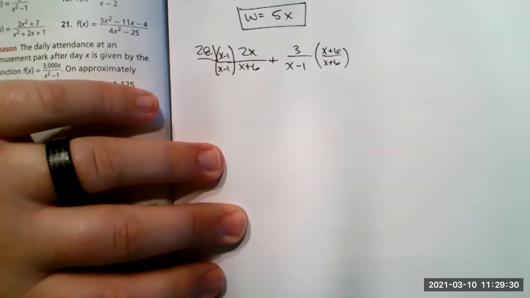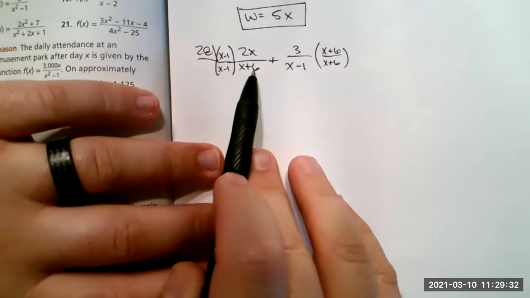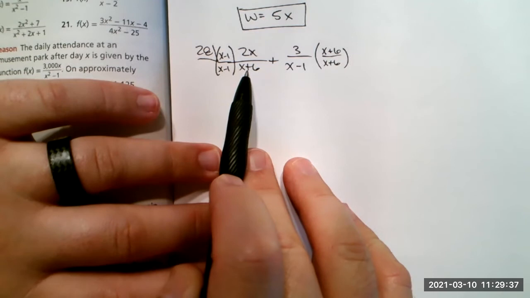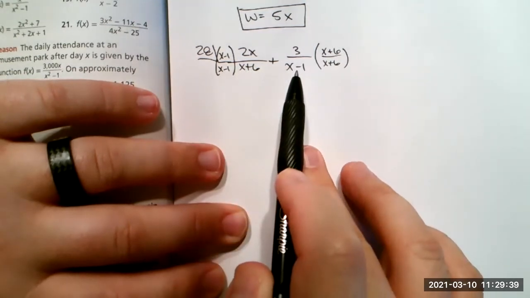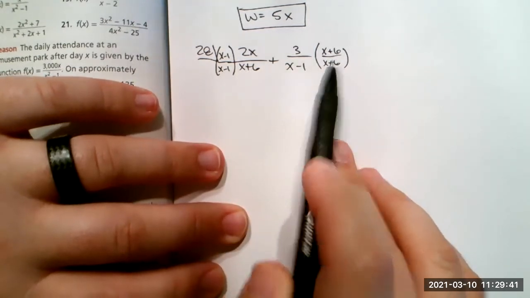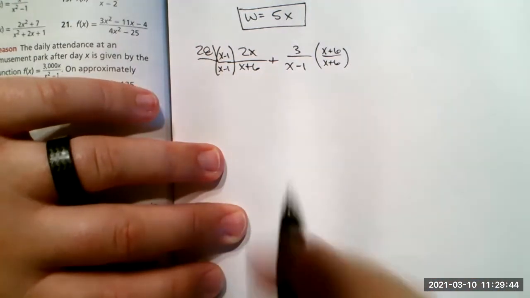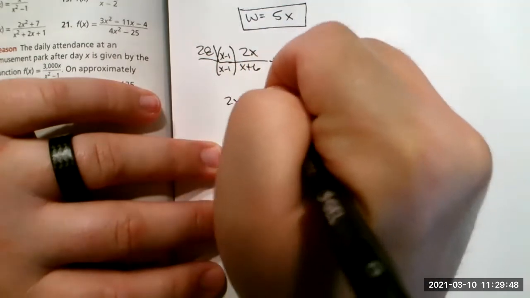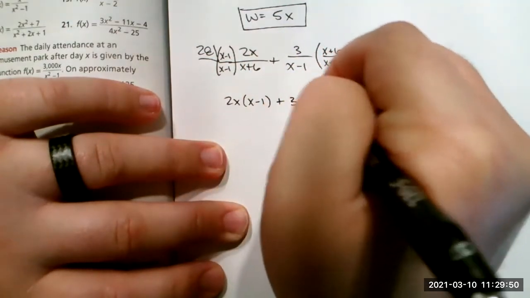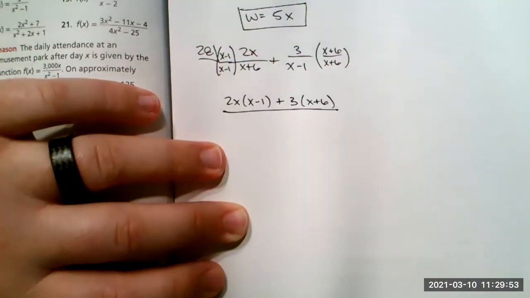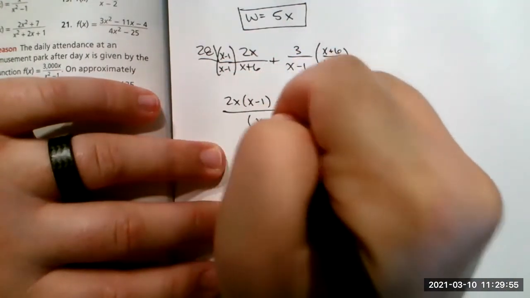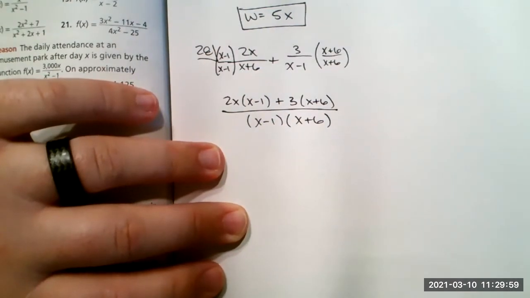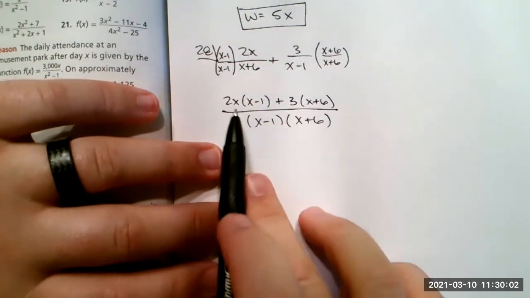So what I can do is start multiplying these. Technically, now my denominators are the same. This denominator is x minus 1 times x plus 6, and this denominator is x minus 1 times x plus 6. So I can combine these two fractions. It's going to be 2x times x minus 1 plus 3 times x plus 6, and they both have the common denominator of x minus 1 times x plus 6. Now is the algebra part.